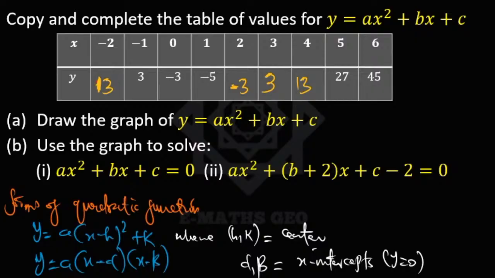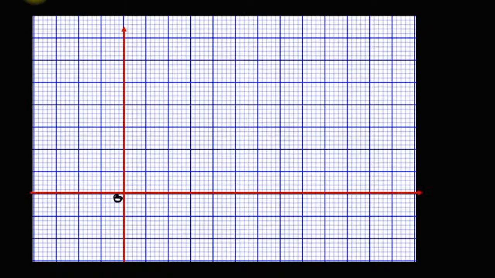So let's do it. I'm counting 1, 2, 3; 1, 2, 3, 4, 5; 1, 2, 3, 4, 5, 6. This is 3, meaning 1, 2, 3, this is 1.5. So 1, 2, 3, 4, 5, 6, this is 6. And this should be 1, 2, 3, this is 4.5.